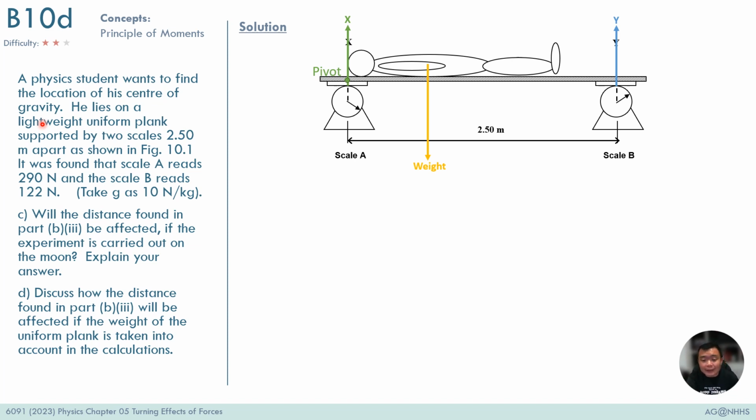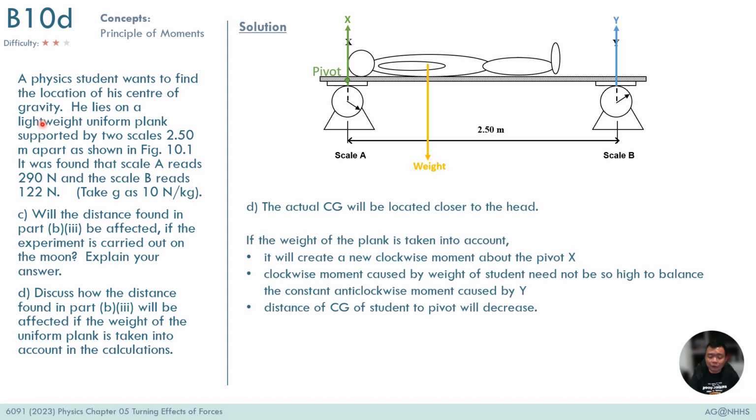So now, what if the mass of the plank is not negligible anymore, but significant? How will it affect your answer? The quick answer is the accurate CG that we found previously will be shifted towards the head.